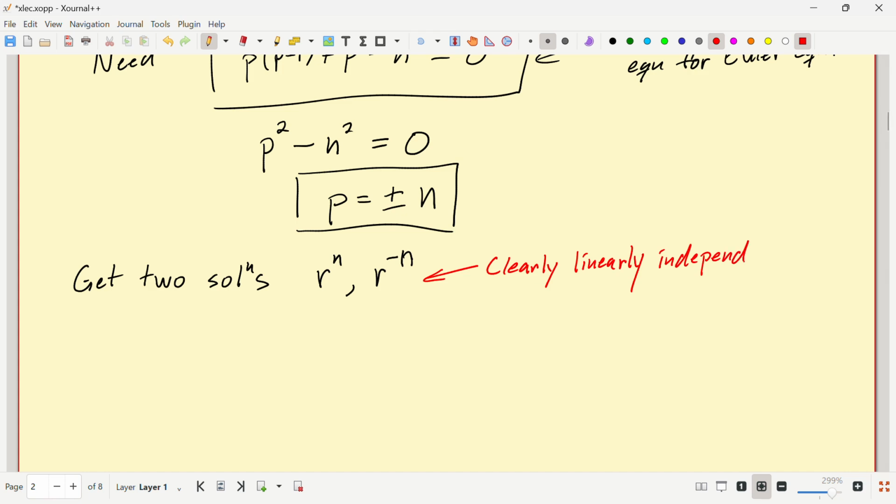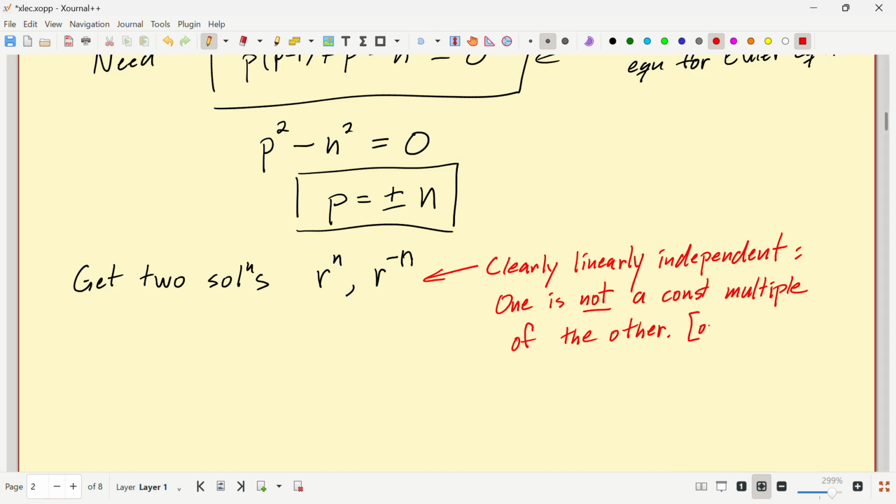In the case of just two functions, it's enough that one is not a constant multiple of the other. Or you could check the Wronskian. The Wronskian is non-vanishing.